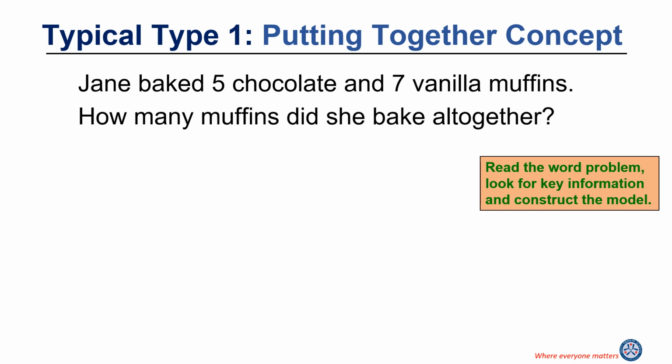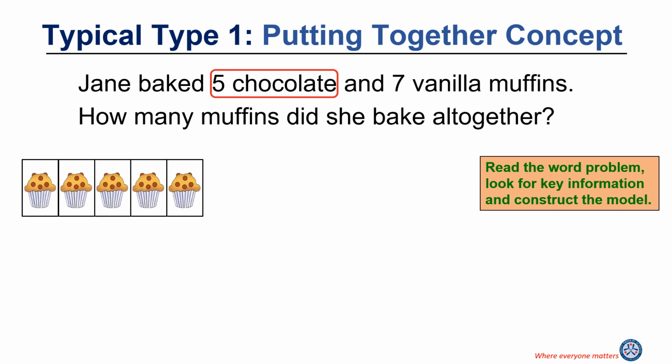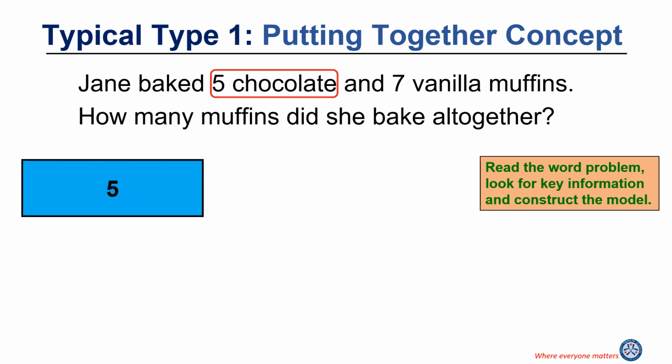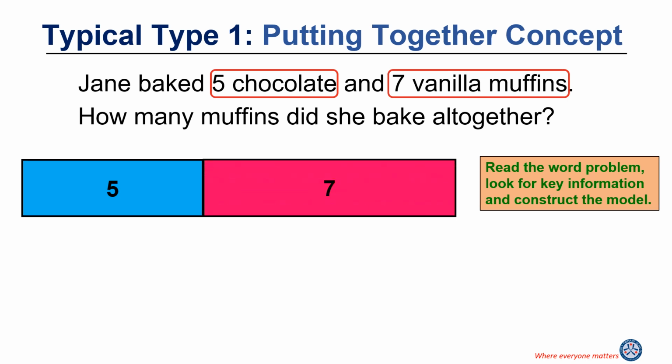Let's identify the key information and construct the model. Jane baked 5 chocolate muffins, 7 vanilla muffins. We have to find the number of muffins she baked altogether.